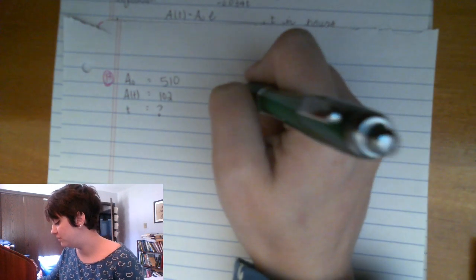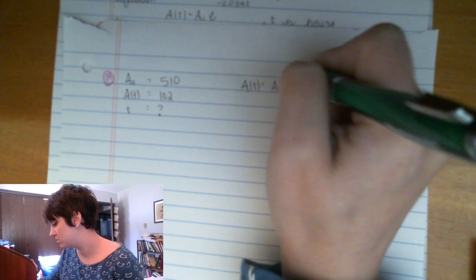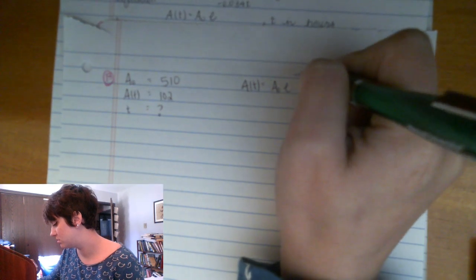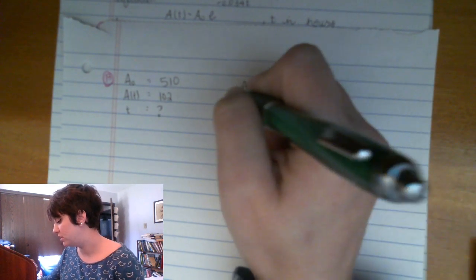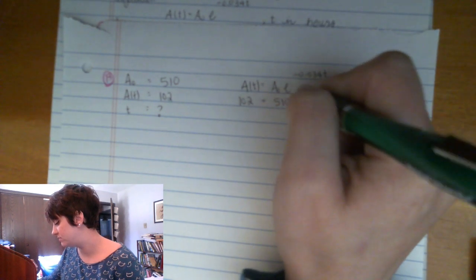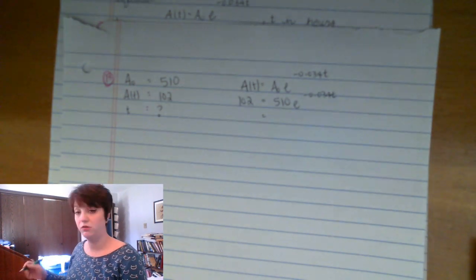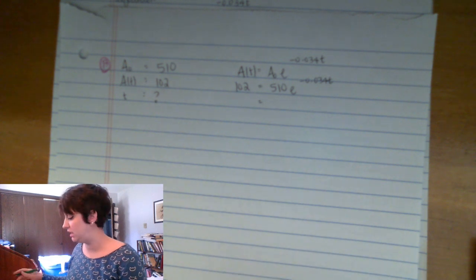All right, so my function: I know that my amount now is 102, my starting amount is 510, and e is a number, so it's known. So first I'm going to isolate the e.